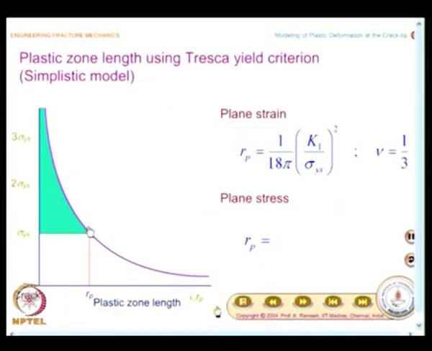And if you plot in this graph and locate the point where it reaches sigma ys, it is here. So, in the case of a plane stress situation, the plastic zone length ahead of the crack is very long, and this is given as 1 by 2 pi multiplied by (K1 by sigma ys) whole square.